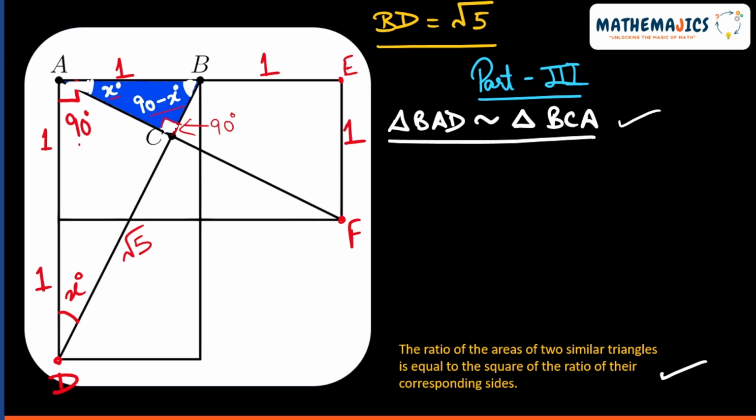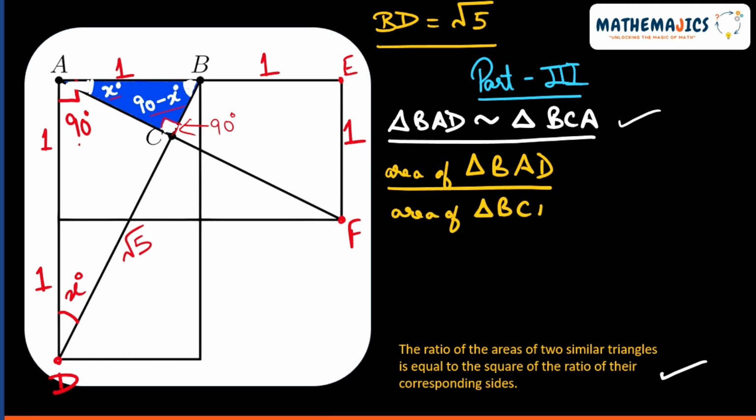This means area of triangle BAD upon area of triangle BCA equals the square of the ratio of corresponding sides: BD for triangle BAD and AB for triangle BCA.